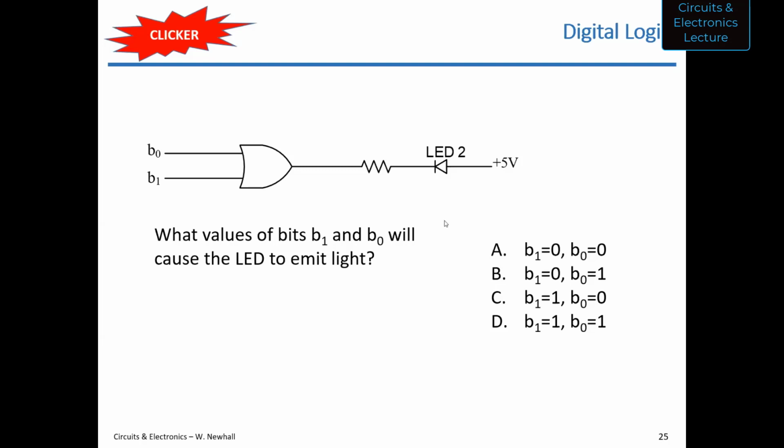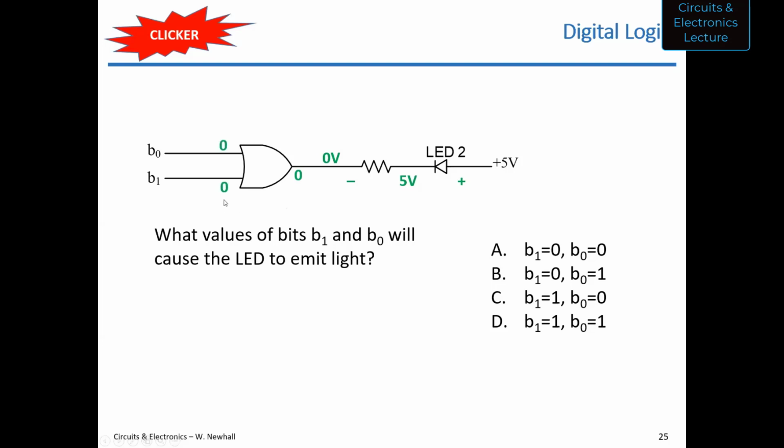Okay, so we have plus 5 volts node voltage on the right side of the diode at its anode, and we want 5 volts with this polarity shown here across the diode and resistor. So that means on the left side of that resistor, we need 0 volts. So that is a logical 0.